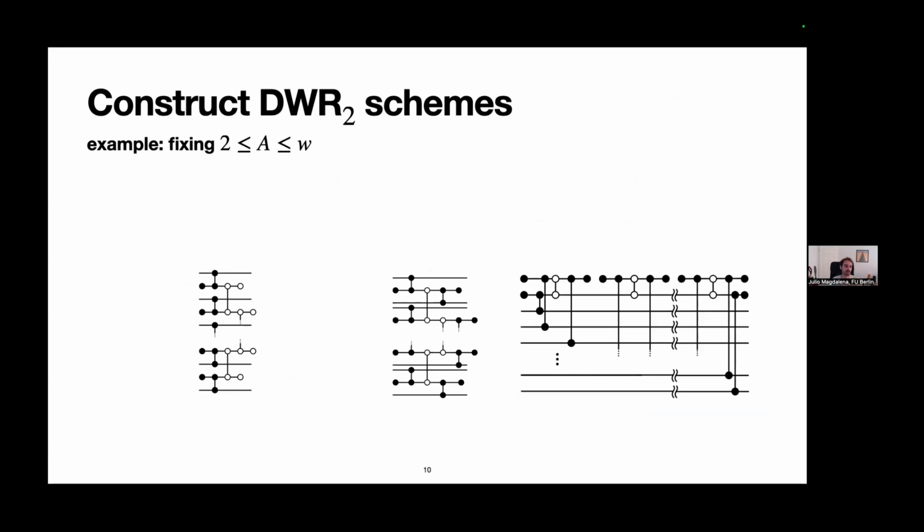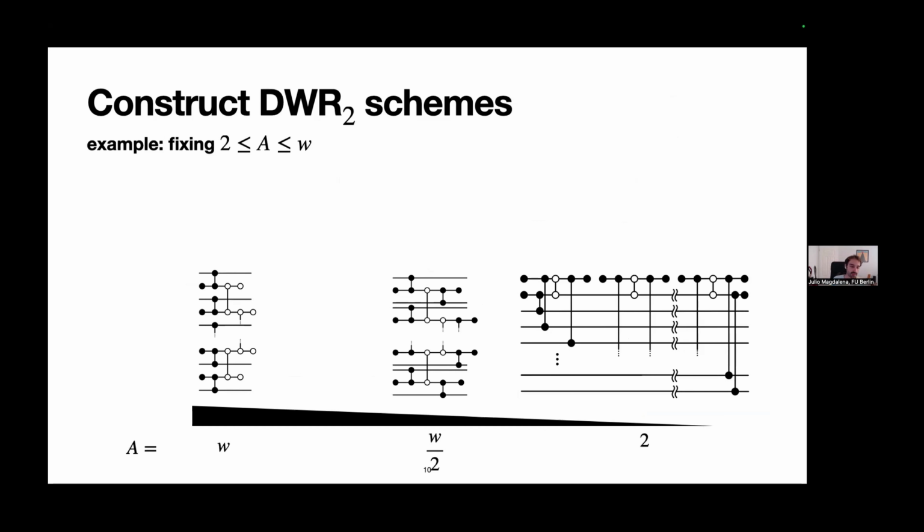Okay, so let me draw these three examples on a line. We have found that the depth is different for different numbers of A. I have shown you some extreme cases where, interestingly, you can get the same depth.